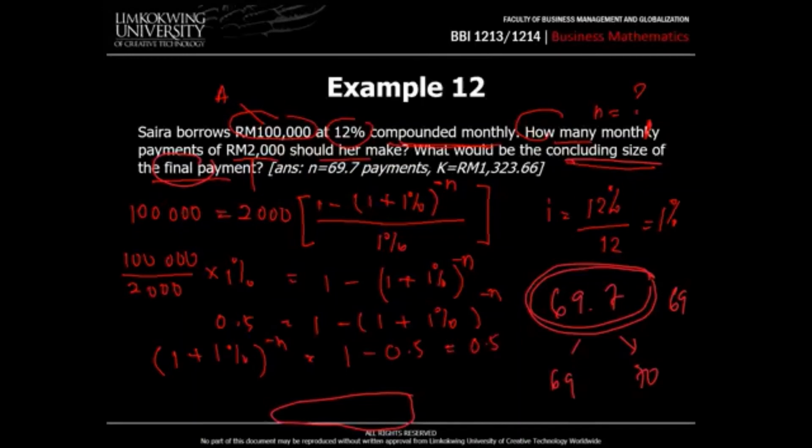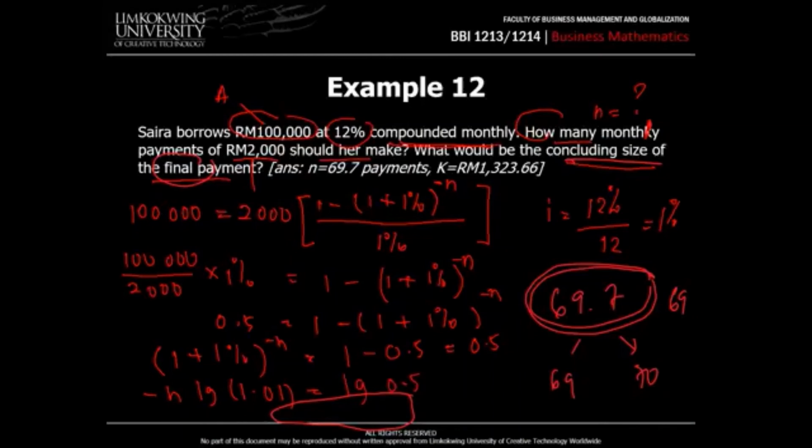So here put in logarithm: negative n log (1 plus 1%), how many? 1.01. Equal to log 0.5.